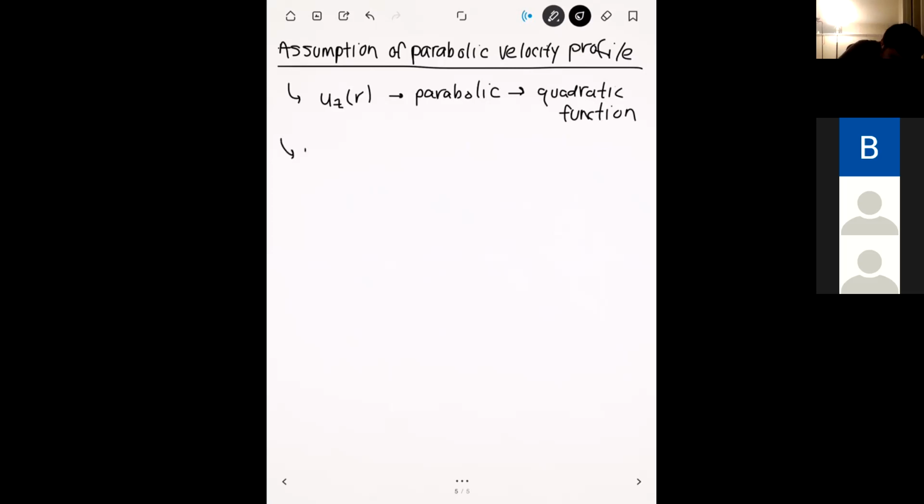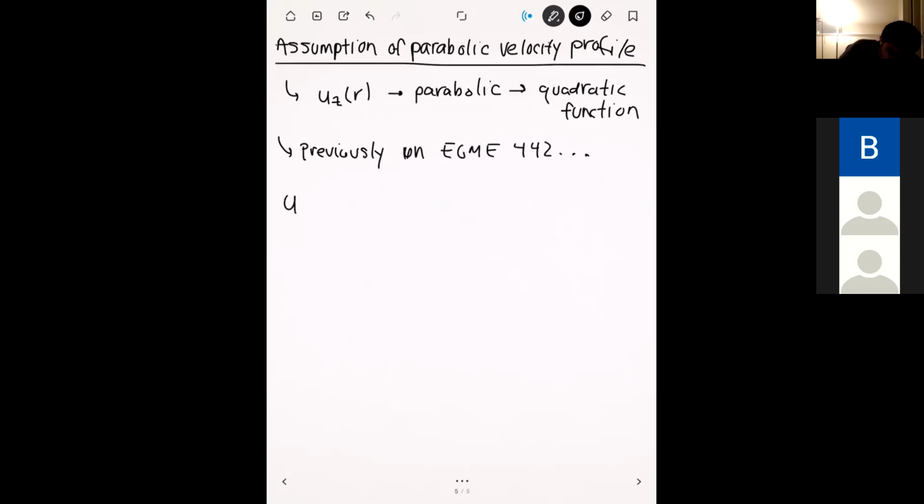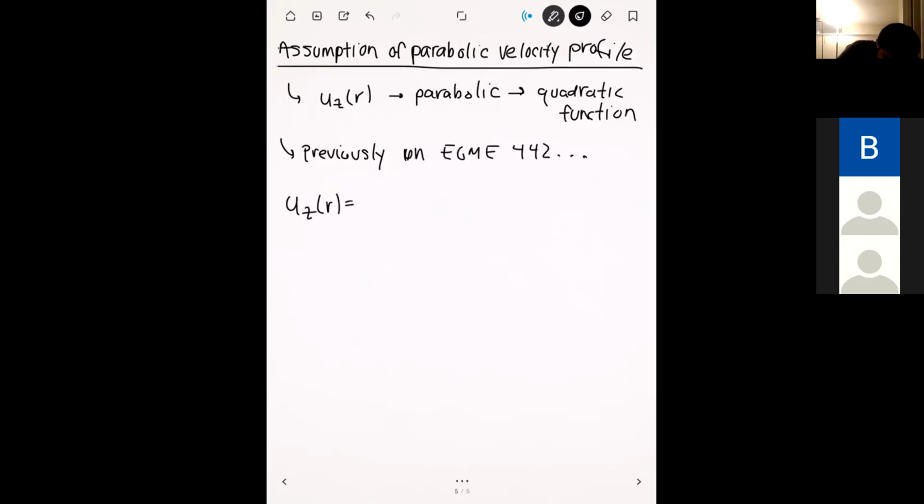Previously, in EGME 442, we found that uz of r is equal to 1 over 4 mu, partial p partial z, times little r squared minus big R squared.